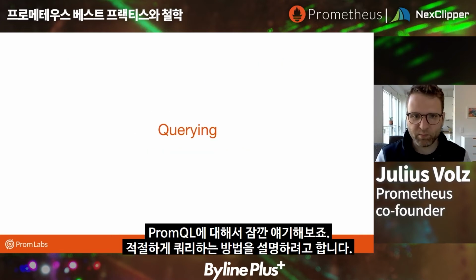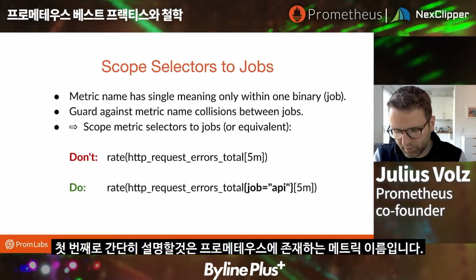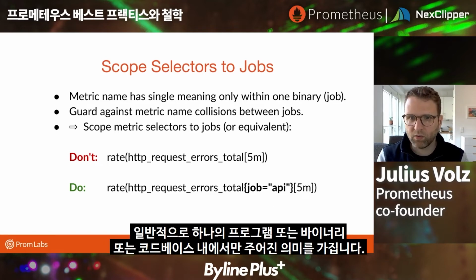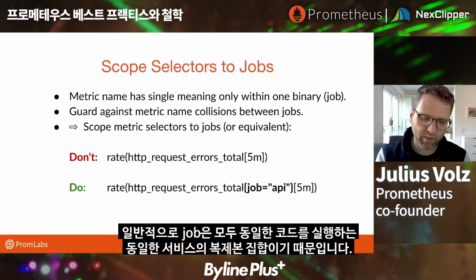Okay, let's talk a bit about PromQL, how to query properly. One first simple thing: the metric names that exist in Prometheus typically only have a given meaning within one program or binary or code base. So typically this would be within one job, right? Because typically a job is a set of replicas of the same service that all run the same code.